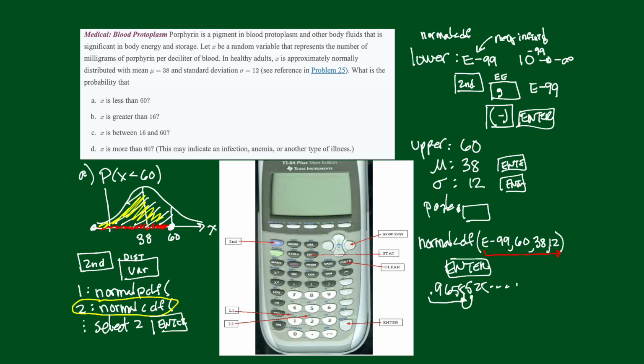Round to an even digit. 8's already even, so I'm not going to round up to 9. I'm just going to leave it as 0.9658. Okay, there we go. Now, what I can conclude is that the probability of getting a sample with a porphyrin level that is strictly less than 60 is 0.9658.